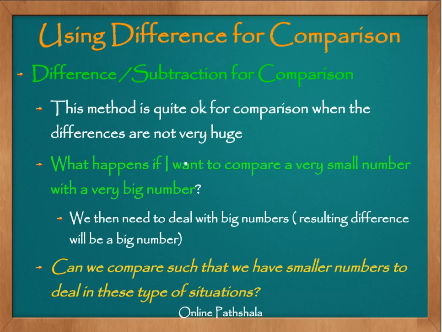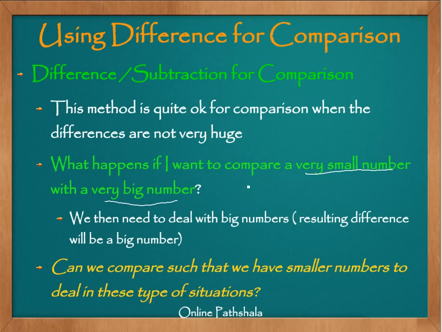The difference or the subtraction method for comparison is quite okay in our day-to-day lives when the two quantities that we are comparing, the differences are not very huge. It means the difference results in small numbers. So we should ask what would happen if we want to compare a very small number with a very big number.